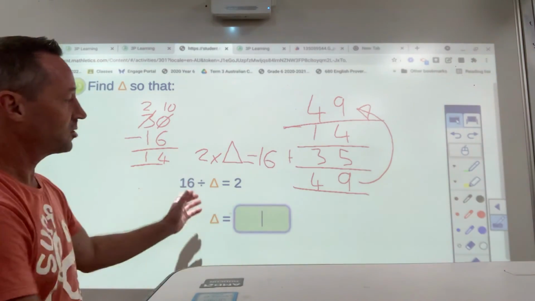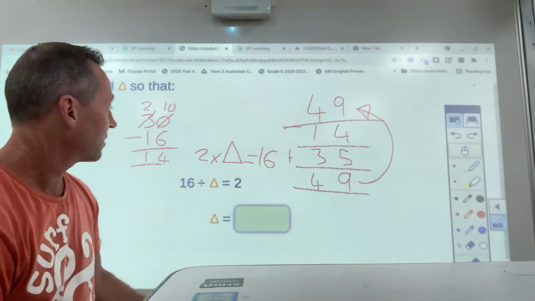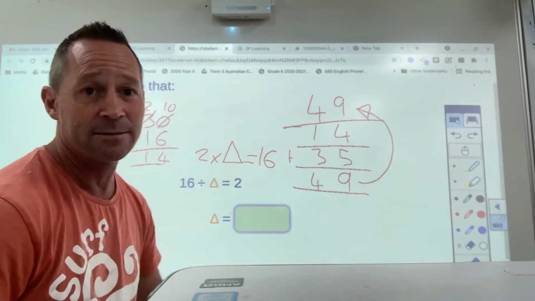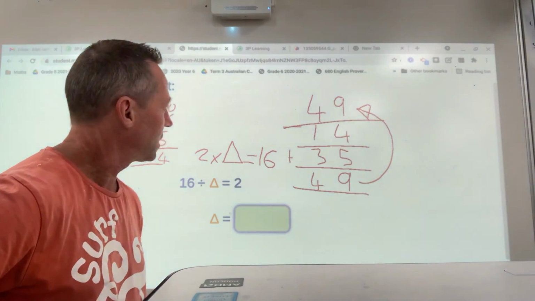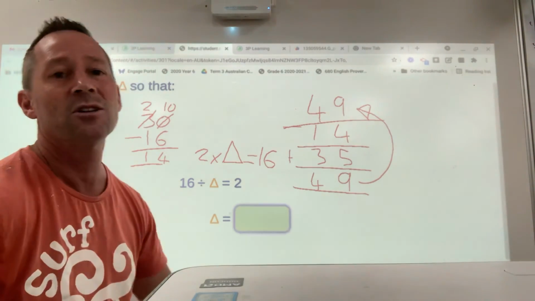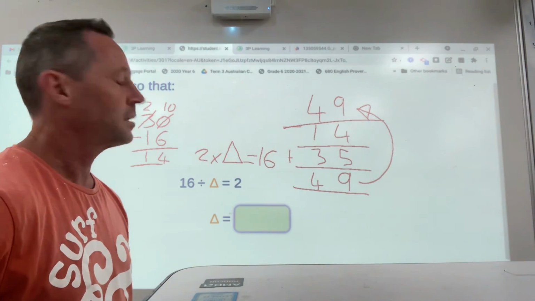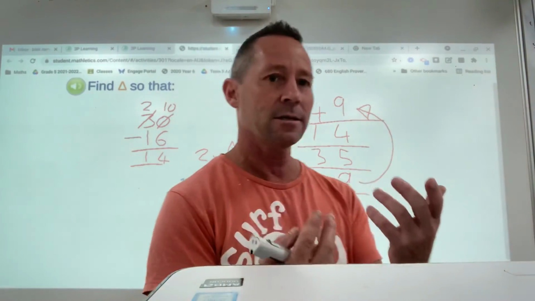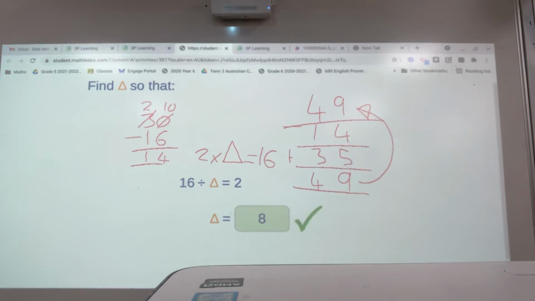So I've just rewritten it around, it's going to give me the same answer. Luckily I know my times table, and I know 2 times 7 is 16. Really? No, it's 9. 2 times 9 is 16. Really? Oh, it's 2 times 8, correct. 2 times 8, 16.